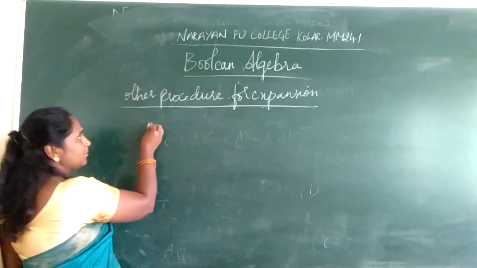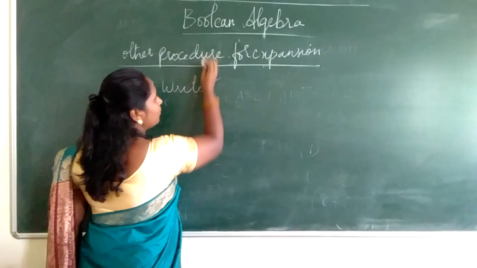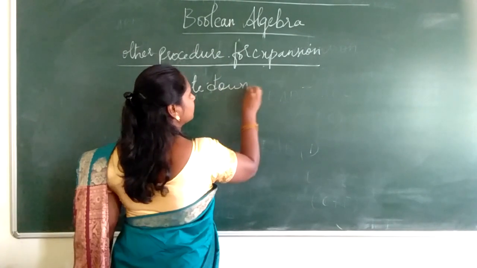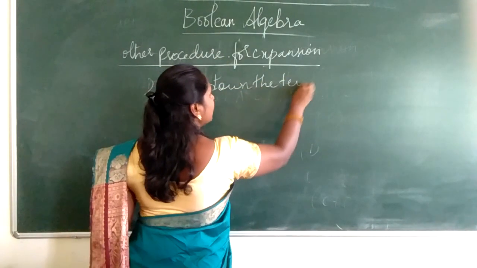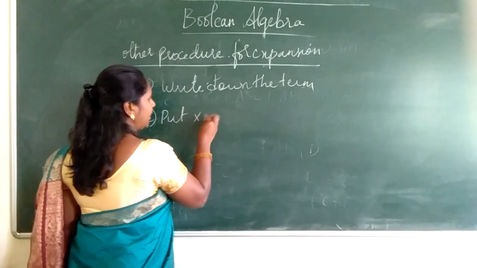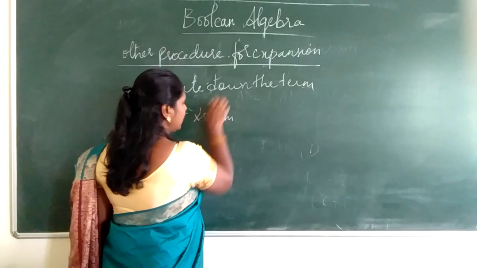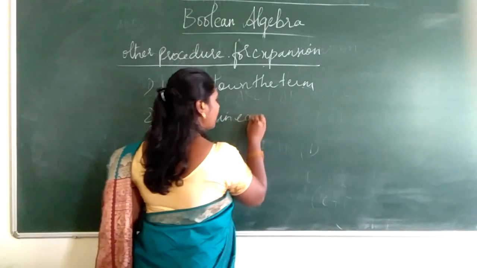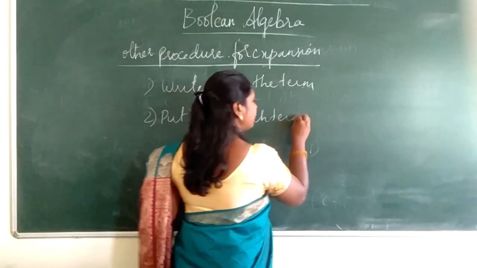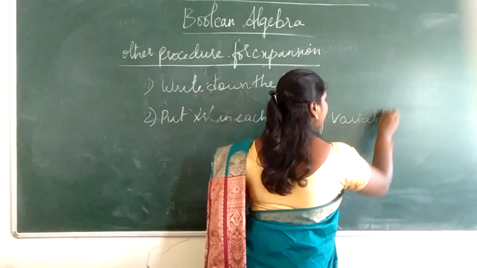What is the other procedure? First, write down the terms. Next, put x in each term if a variable is missing.